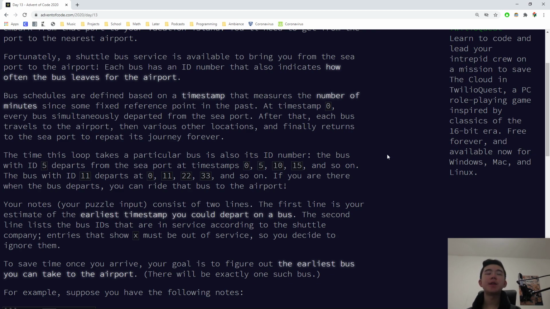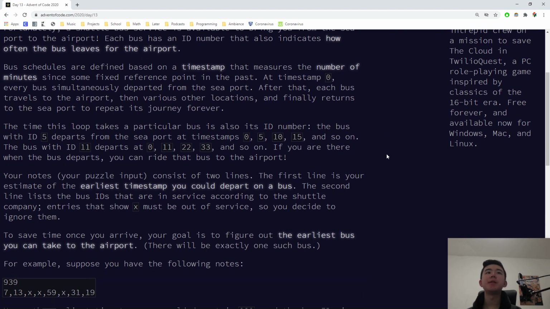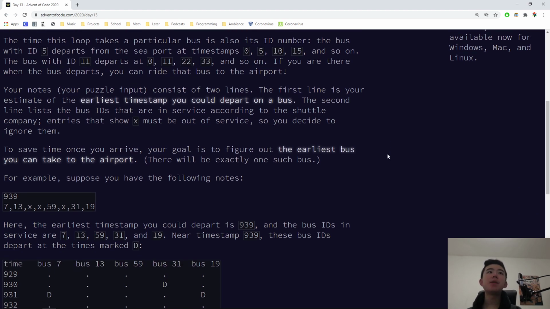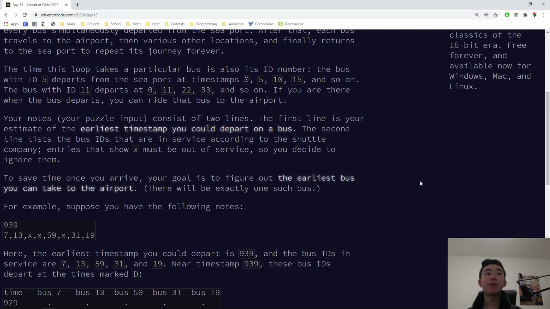After that, each bus travels to the airport, then various other locations, and finally returns to the seaport to repeat its journey forever. The time this loop takes a particular bus is also its ID number. The bus with ID 5 departs from the seaport at timestamp 0, 5, 10, 15, and so on. If you are there when the bus departs, you can ride that bus to the airport.